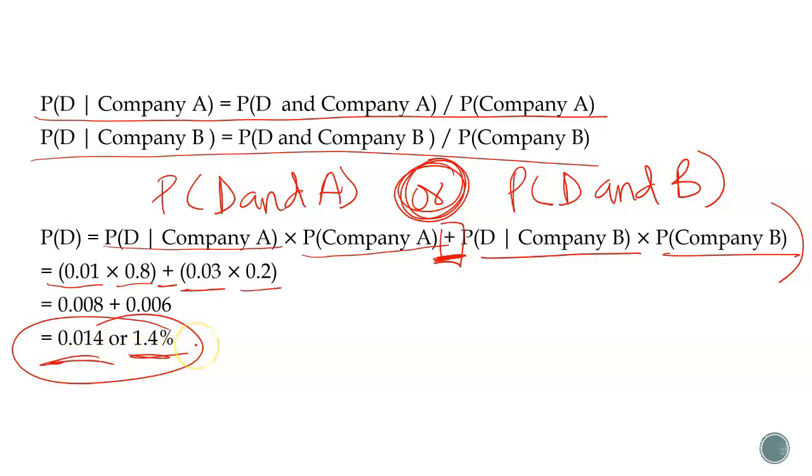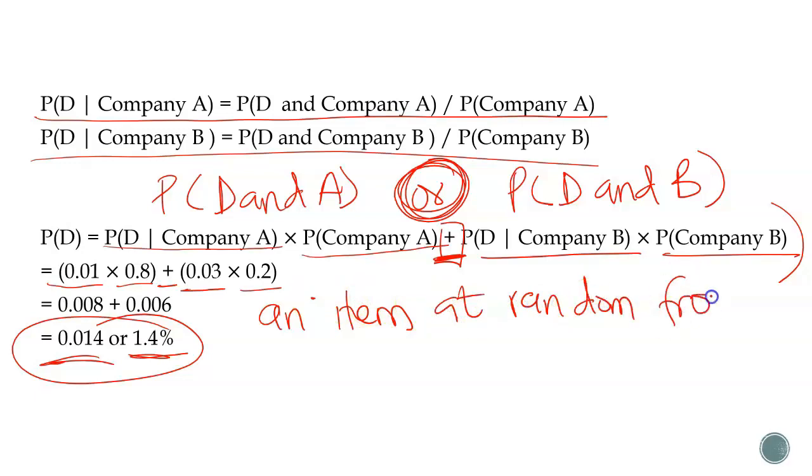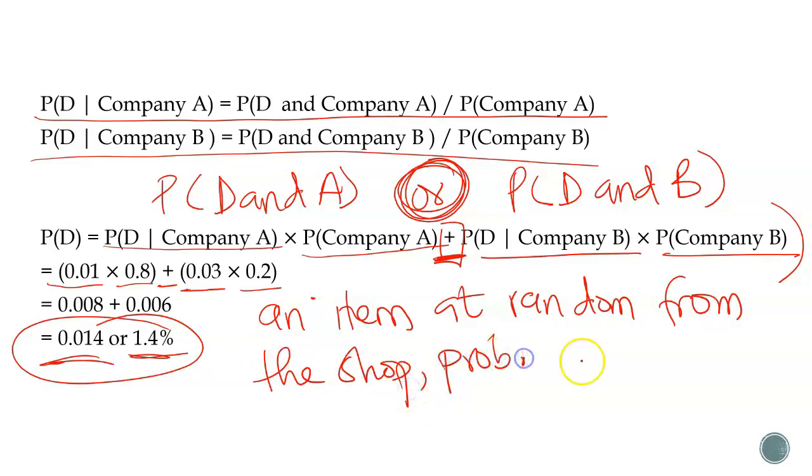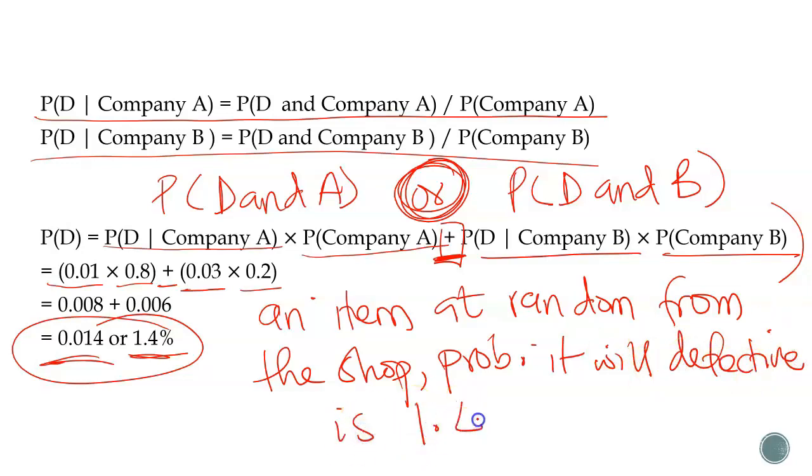So this is trying to say that if I pick an item at random from the shop, the probability that it will be defective is 1.4%. So this is how to solve the first question.